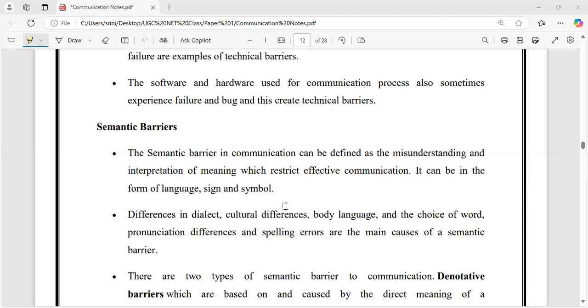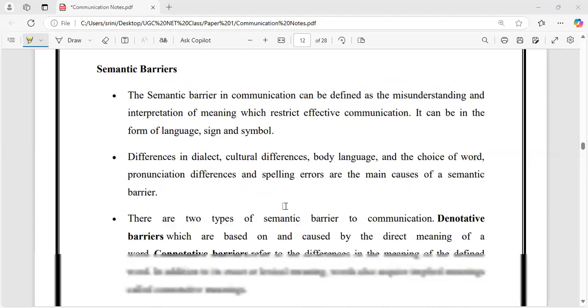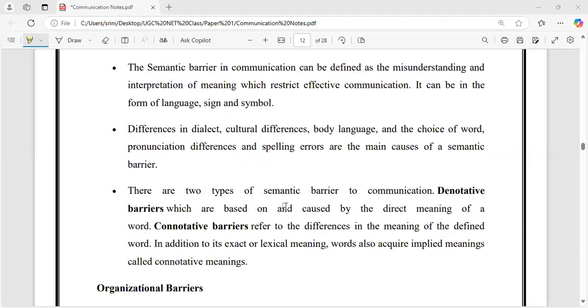Statements like women are bad drivers, and men cannot drive. So those are the semantic differences. Differences in dialect, cultural differences, word pronunciation differences, and spelling errors are the main causes of semantic barriers.